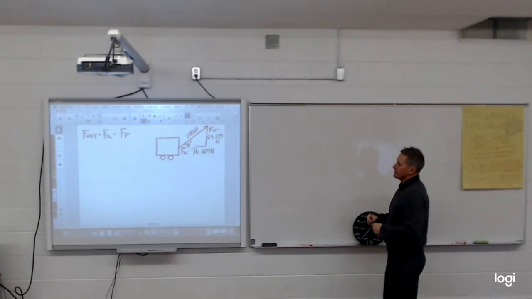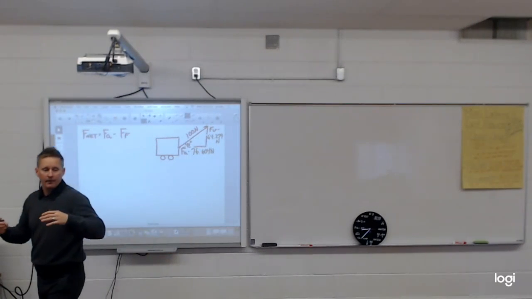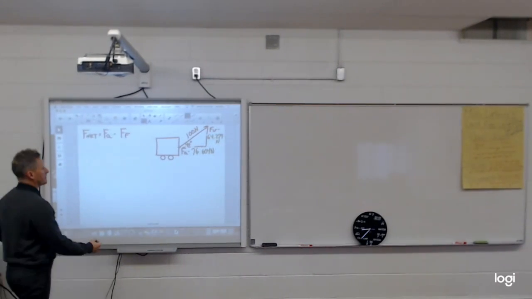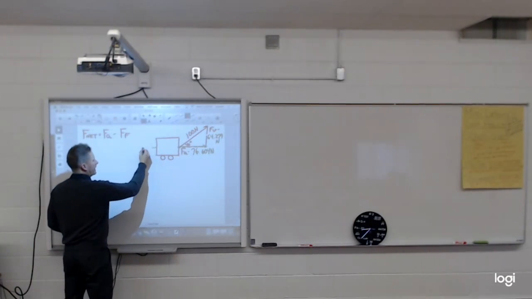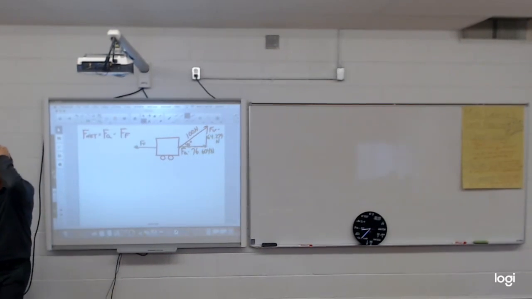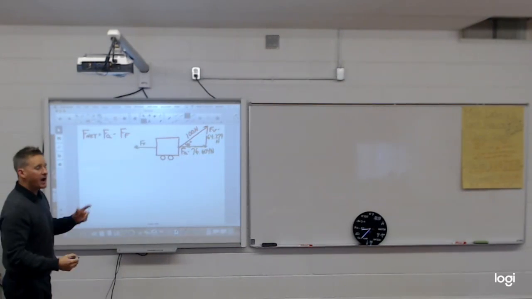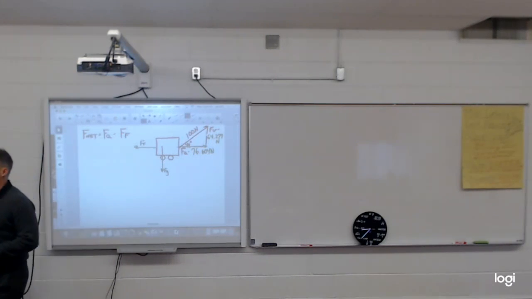Now, let's ignore anything else that's in that book right now. My question to you is this: we identified that there's a force applied going in this direction, and then I have this force of friction going over here, so I need to find that at some point as well. But what are the other forces acting on that wagon now? Gravity for sure. There's going to be a force of gravity, right? What are the other forces acting on it?